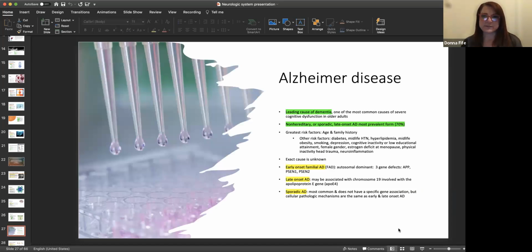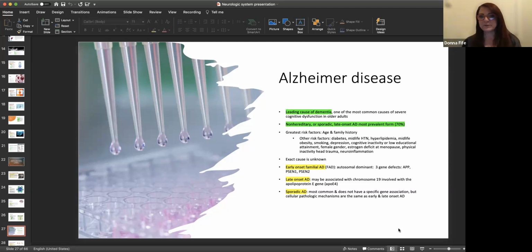Okay, Alzheimer's disease. This is the leading cause of dementia and one of the most common causes of severe cognitive dysfunction in older adults. There can be non-hereditary or sporadic, late onset AD, which is the most prevalent form at about 70%. Greatest risk factors: age and family history.